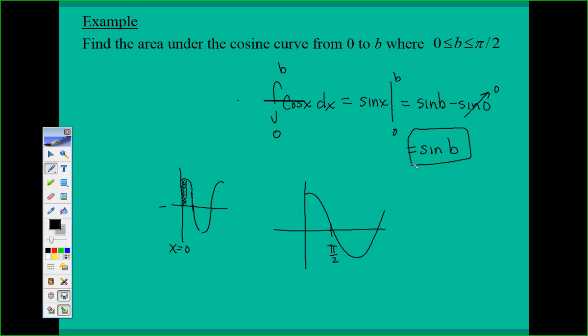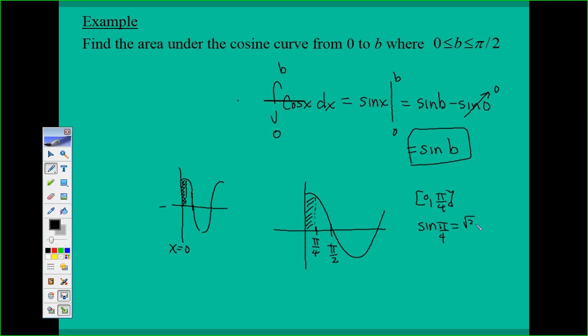will find the area under the curve of the cosine graph from 0 to any point b we choose. So if we wanted to know the area under the curve from 0 to pi by 4, we could find this area by plugging pi by 4 in for b.